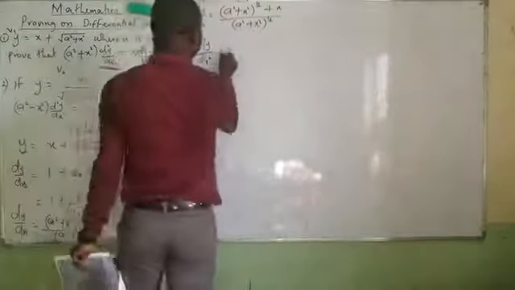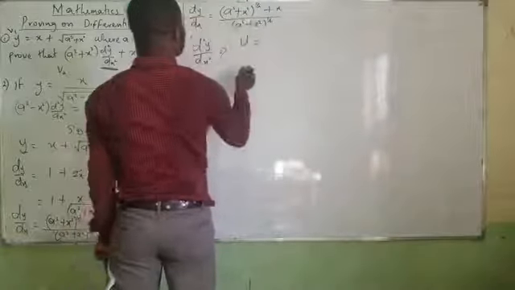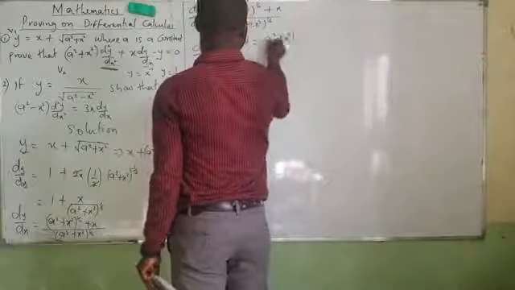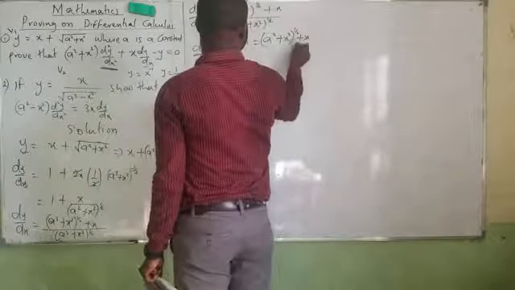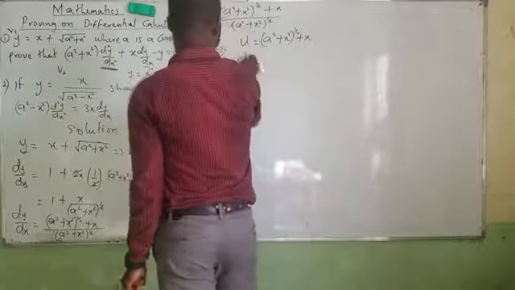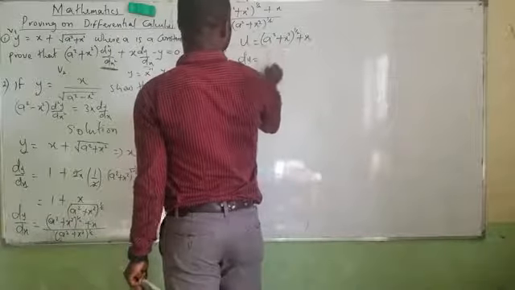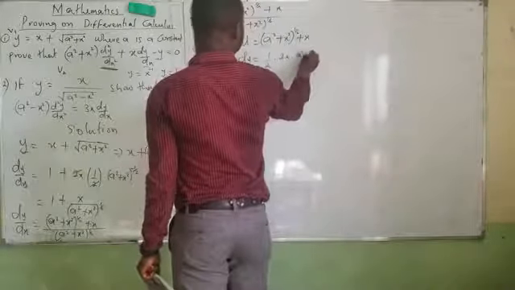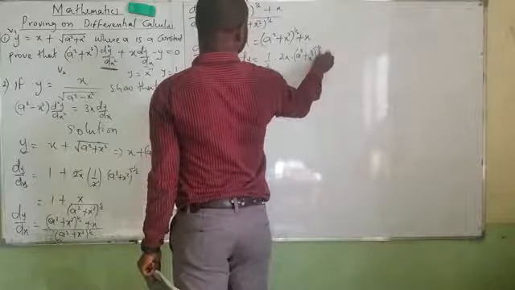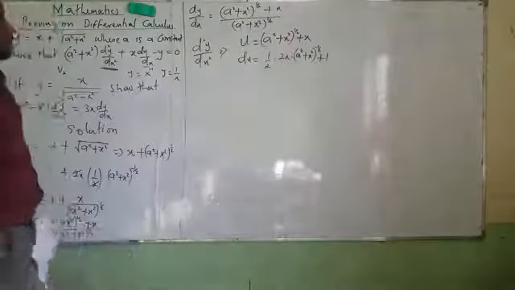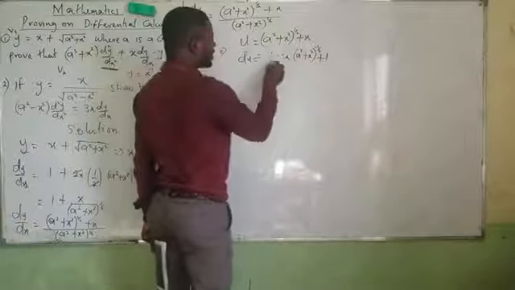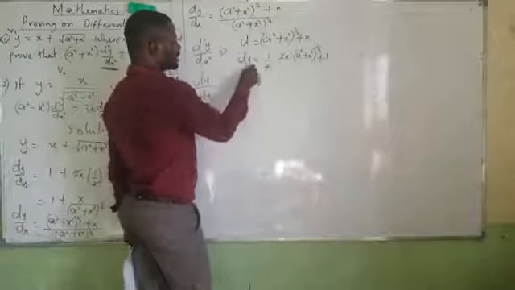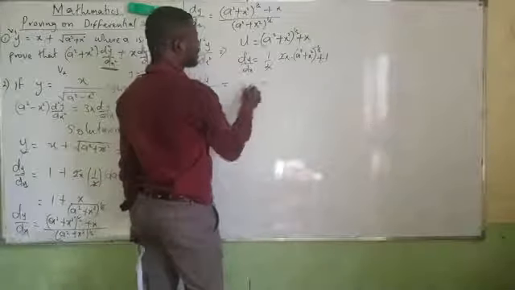Now I can say that u will be equal to (a squared plus x squared) to the power of 1 over 2 plus x, and u' will be equal to 1 over 2 times 2x times (a squared plus x squared) to the power of minus 1 over 2, plus 1, because I just differentiate this now.